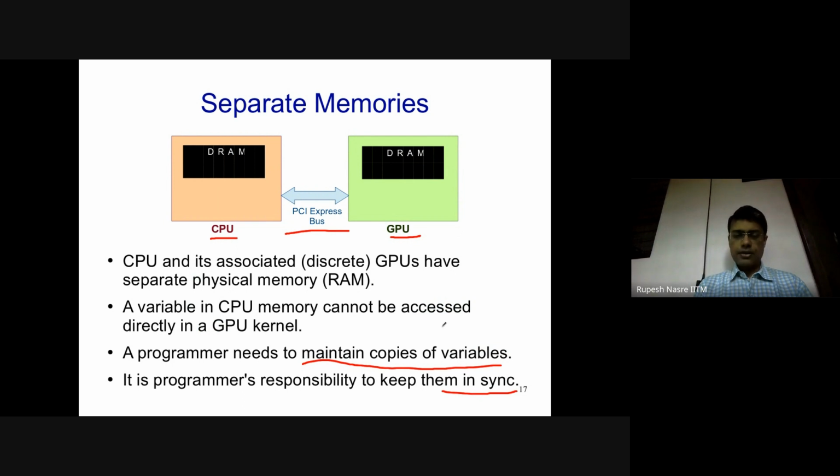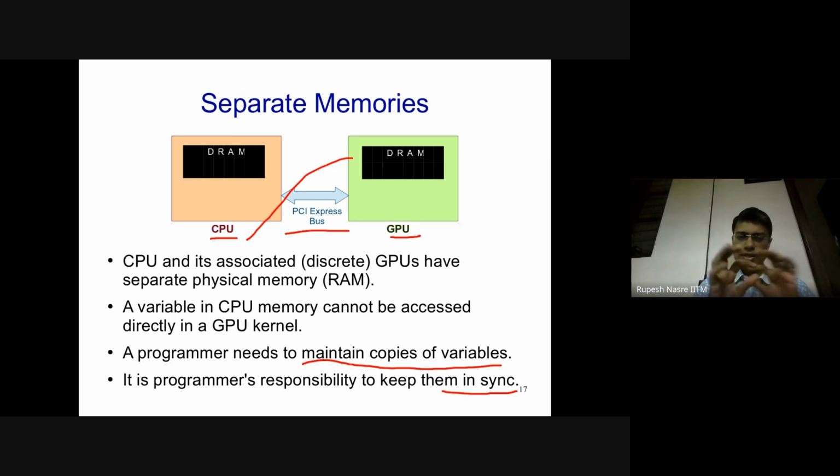But there are technologies currently where you might be able to access CPU disk directly from the GPU. That requires specialized hardware which will have additional connections. That is provided in some contexts, but by and large, the GPUs that you will be accessing are likely to have only this PCI Express bus as the interconnect.